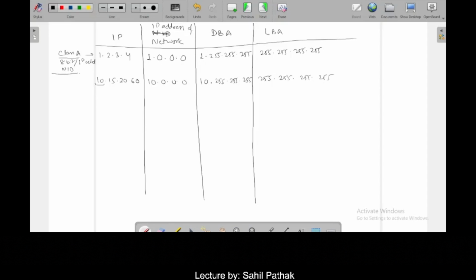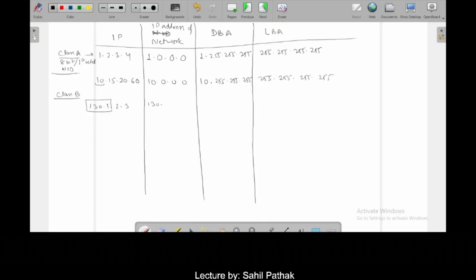Let's take another example. Now we will take an example from class B. Let's take 130.1.2.3. In case of class B, we have 2 octets for the network ID, and we have to keep the network ID as it is.